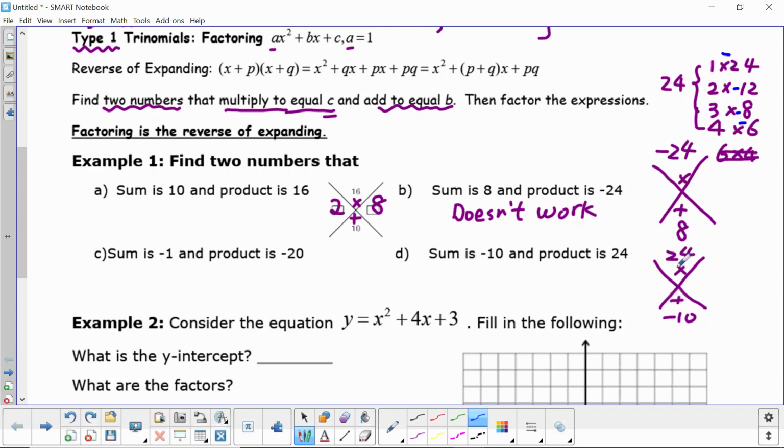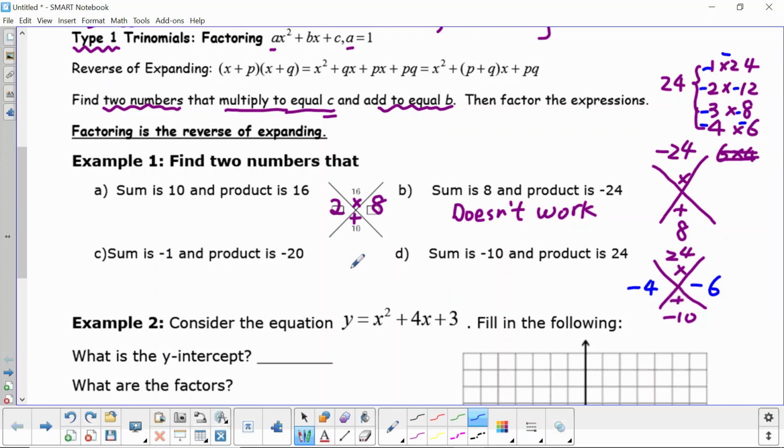Then times together is 24, so negative times negative give you positive, so you need to have both same sign, both negative. Then we are going to see which pair of factors add together is negative 10. Then we are going to see negative 4 and negative 6. Then we found the two numbers. So this is how you find the two numbers. Add together is negative 10, times together is 24.